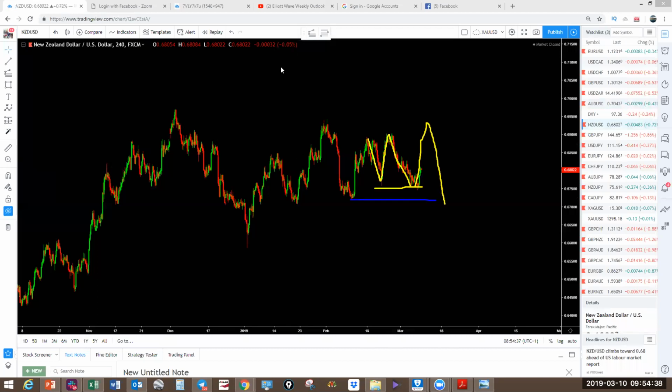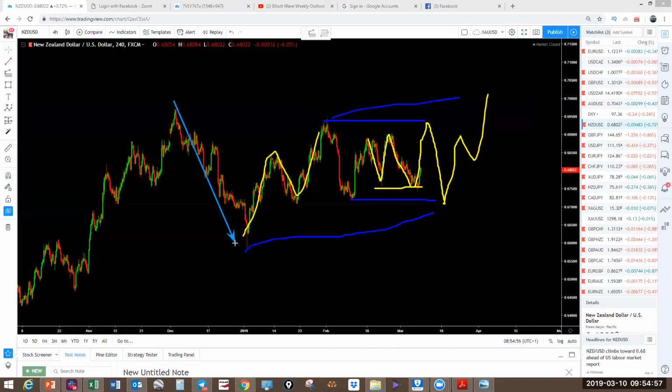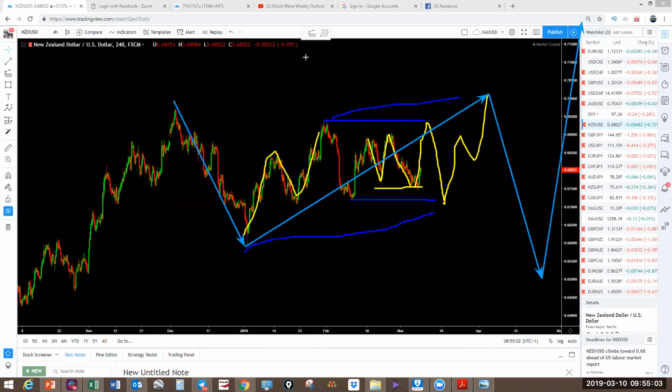You'll see those lines when I switch them on now. And then we'll expect possibly a 1, 2, 3, which is this one here. This becomes now a bigger structure like this one. After that, you'll expect that you will have this move, and this becomes the whole correction. And this one comes down here before we get a push higher.